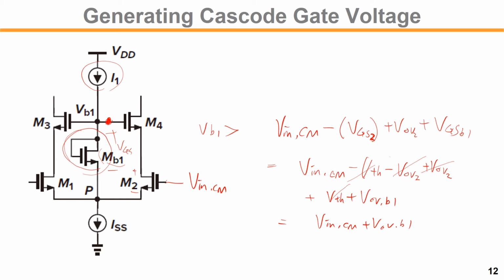So that's the minimum, so we have to make sure that VB1 is well above this value, right? Okay. So VB1 must be greater than, much greater than, right?